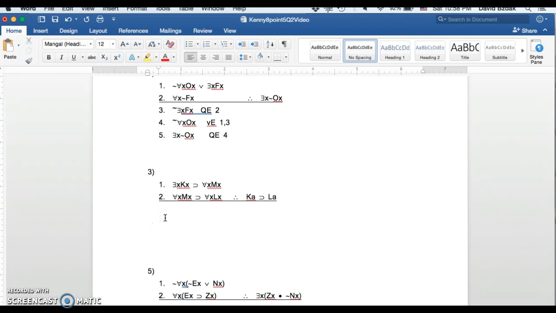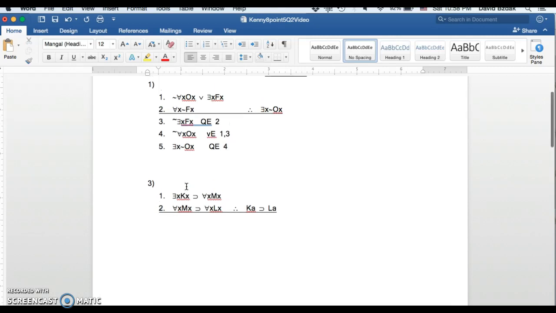Okay, number 3, we've got conditional, conditional, conditional. Now remember, you cannot apply the quantifier inference rules unless the quantifier is the main operator. And the only way the quantifier is the main operator is if it comes first and there's no other operators outside of parentheses, right?